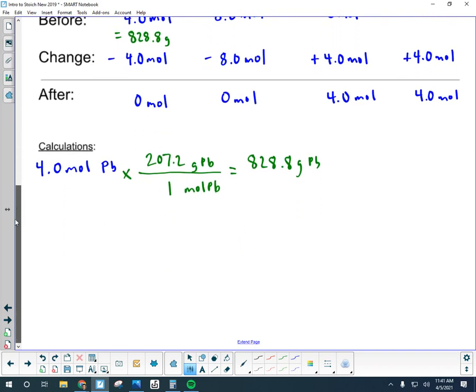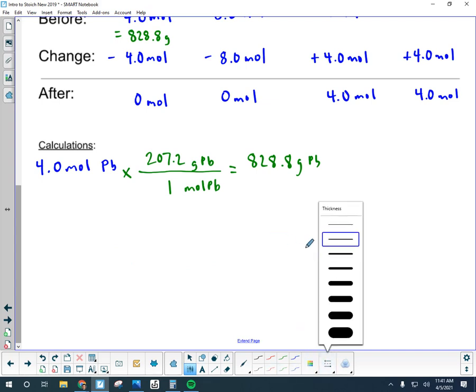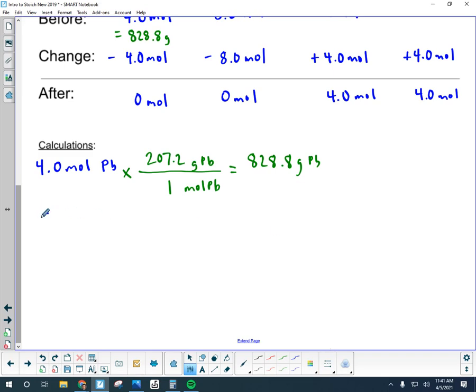I'm going to do the same calculation for HCl. So I'm saying that it will react with 8 moles of HCl.